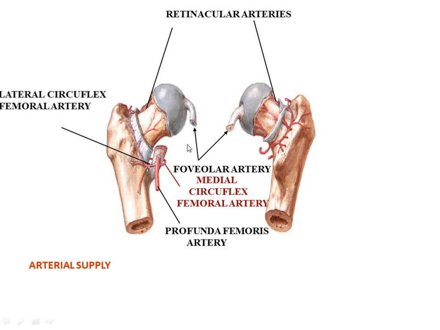So these are surrounding all around this femur and giving the blood supply to the hip joint. Then there is a branch of obturator artery which is traversing through the ligament of head of femur. Small branch of obturator artery which supplies this much portion of the head of femur also contributes to the blood supply.